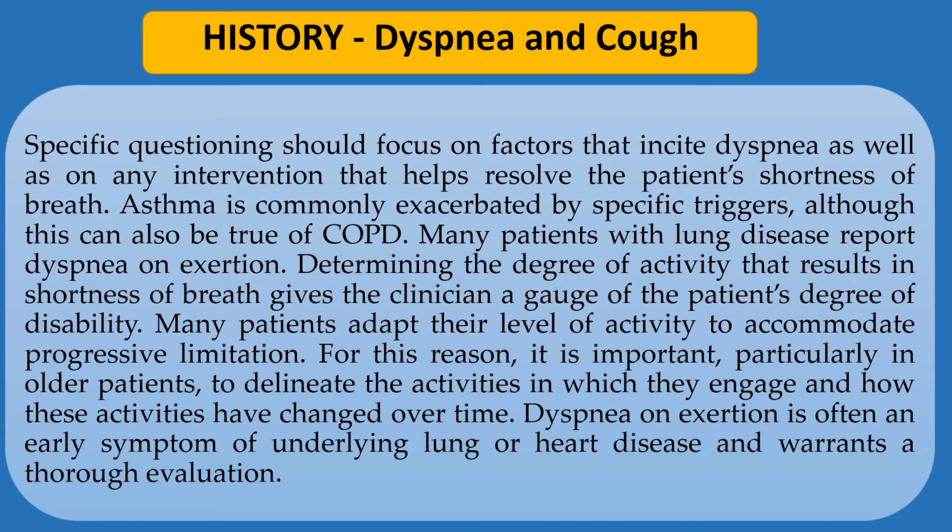Many patients adapt their level of activity to accommodate progressive limitation. For this reason, it's important, particularly in older patients, to delineate the activities in which they engage and how these activities have changed over time. Dyspnea on exertion is often an early symptom of underlying lung or heart disease and warrants a thorough evaluation.